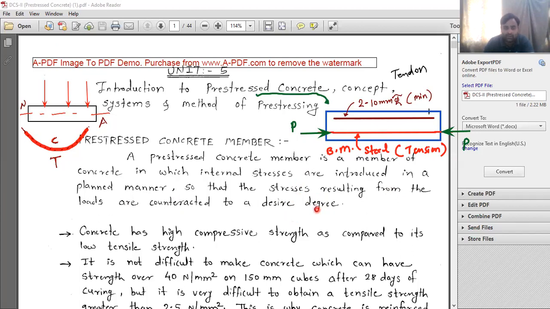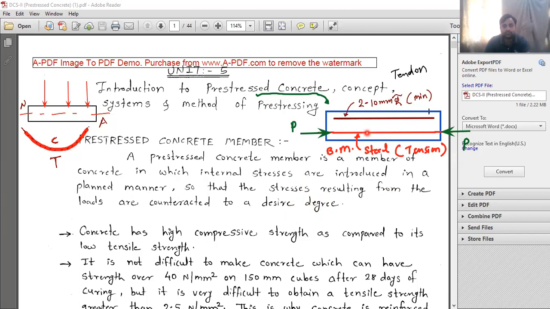It is not always the case that if, due to loading, 100 megapascal stress develops, the internal stress in the prestressed concrete will counteract 100 megapascal. It may counteract 80, it may counteract 70, it may counteract less than that also. We cannot say that.